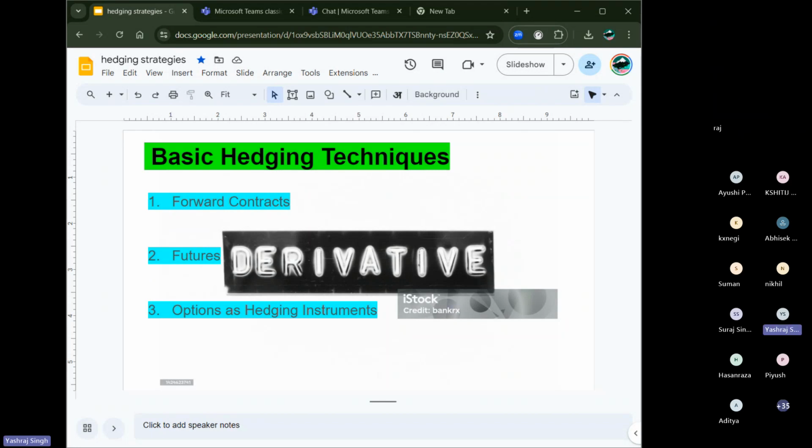Now, this is how the forward contract is built, because there is no third party. There are only two people, the buyer and the seller, involved, right? There is no regulator involved here. If any of them does not fulfill their promises, there is this counterparty risk to the person who got into this contract.